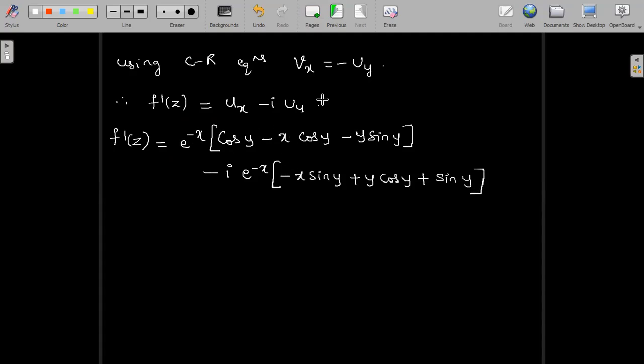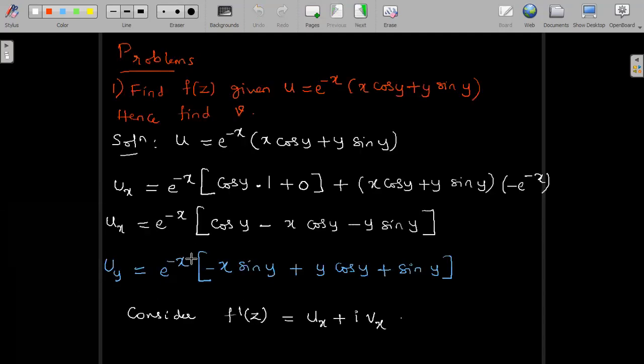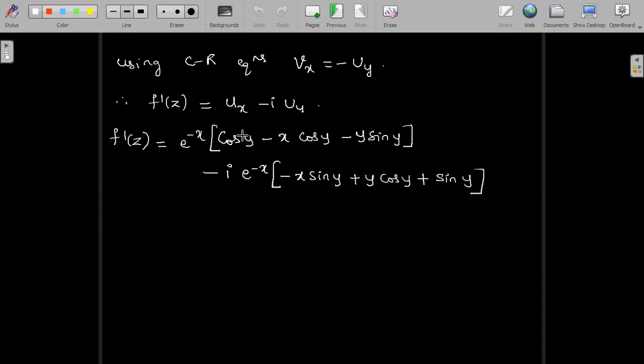So these are the expressions of Ux and Uy, which we had already obtained as the partial derivatives. Now, after substituting for Ux and Uy, we are going to use Milne-Thomson substitution, which we are already aware of.